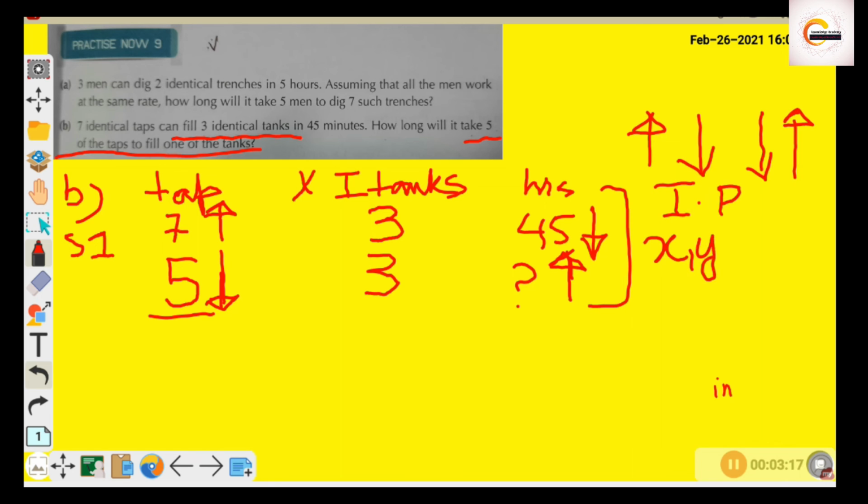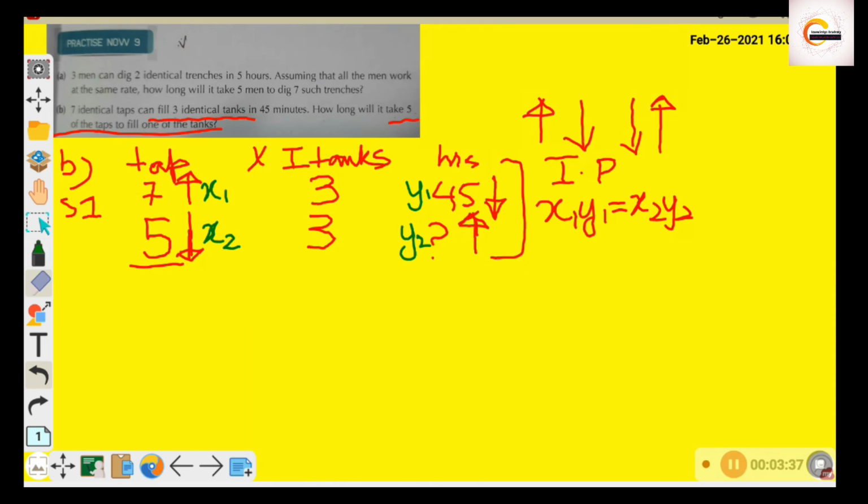We use this formula. X1 be 7, Y1 be 45, X2 be 5, and Y2 be the unknown value.